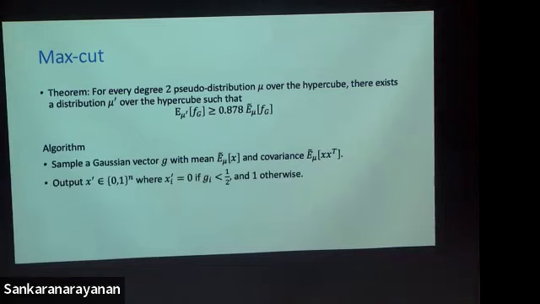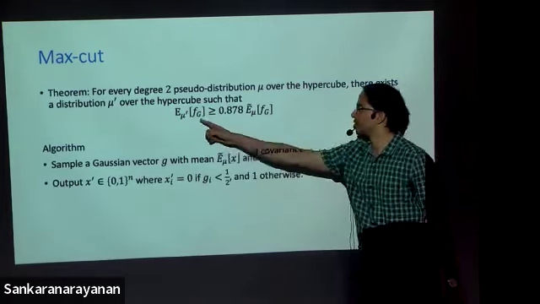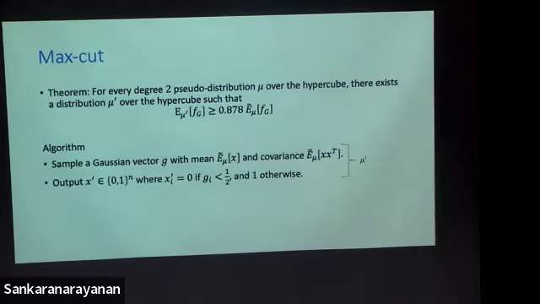You just output the vector x, where xi prime is equal to 0 if gi is less than half, and 1 otherwise. This distribution that you get from here is what we are going to call mu prime. And what we can show is that the expectation over mu prime of this cut polynomial is at least 0.878 times the pseudo expectation of this polynomial.